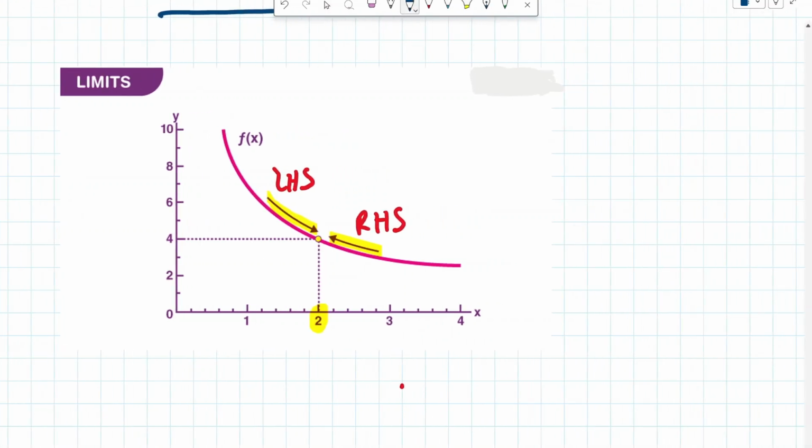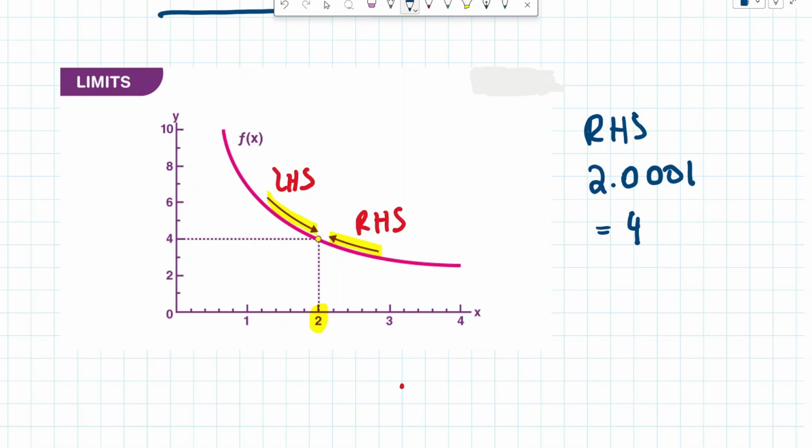When we approach 2 from the right-hand side, we're going to be looking at a number around, let's say, 2.0001 as an approximation. So what is the value of our function when x equals this number? If we follow our graph, we can see that our function equals about 4.